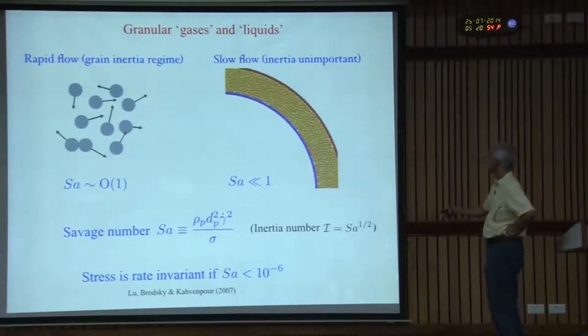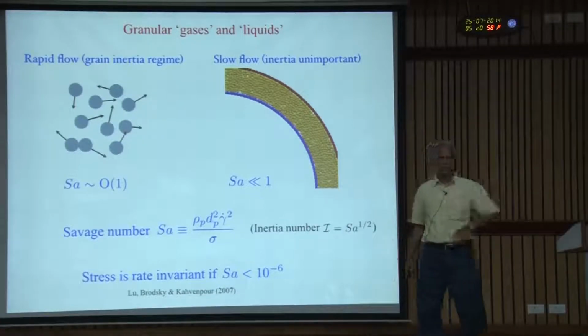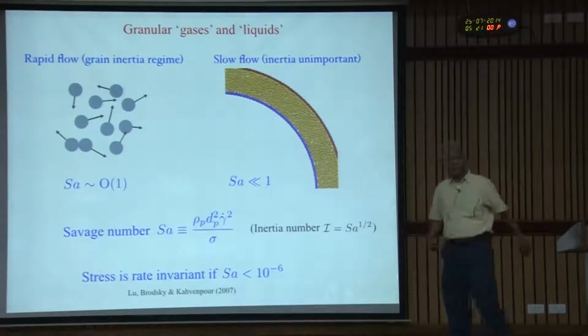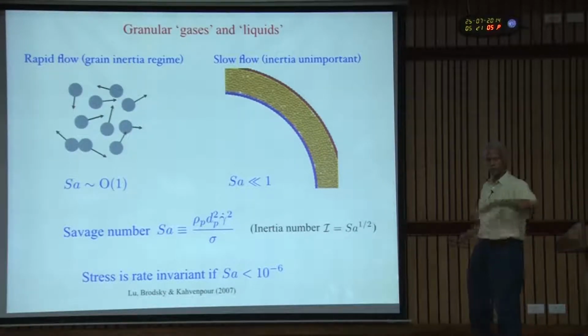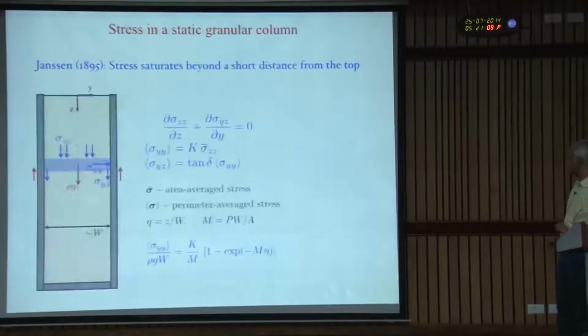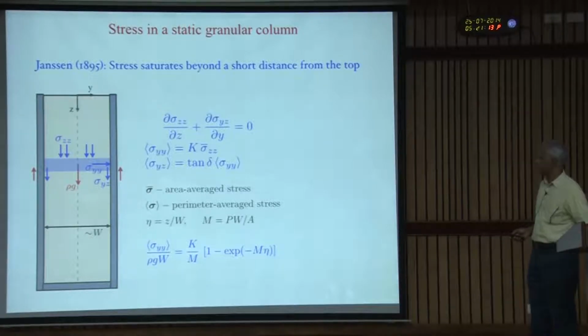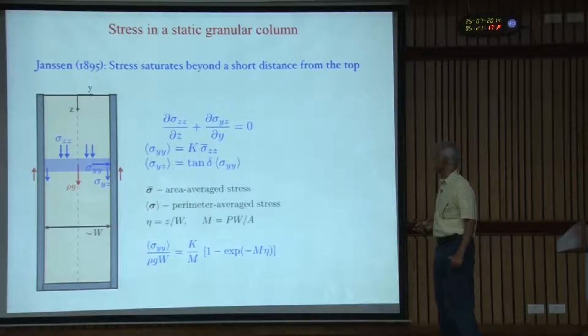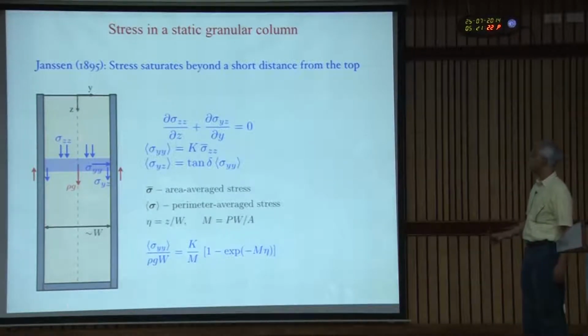So if you double the speed of this inner cylinder, the stress would remain unchanged. Just like if you have a block going down a slope, the force the block exerts on the slope does not depend on its speed at low enough speeds. So what does all this have to do with rheometry? Suppose you have just a static column, so you have grains in a column.